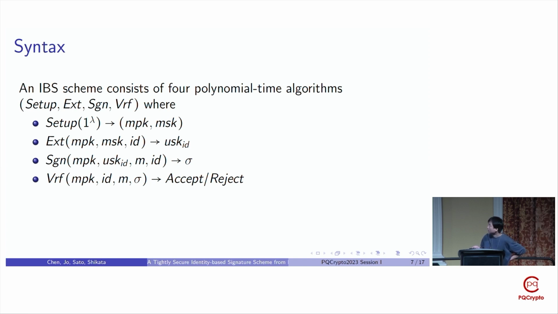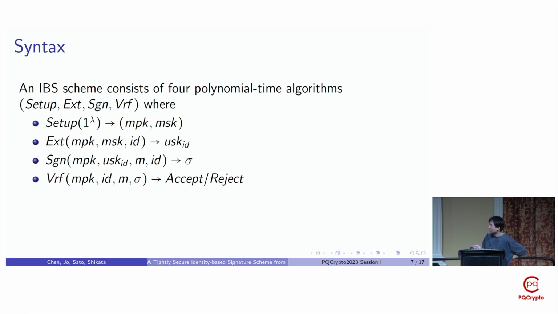First, we give some preliminaries. An IBS consists of four algorithms. The Setup algorithm takes a security parameter and outputs a master key pair. The Extract algorithm takes the master key pair and the user's ID and outputs a secret key for the ID. Then the signing algorithm uses the master public key and the user secret key to generate a signature for the pair of message M and ID.